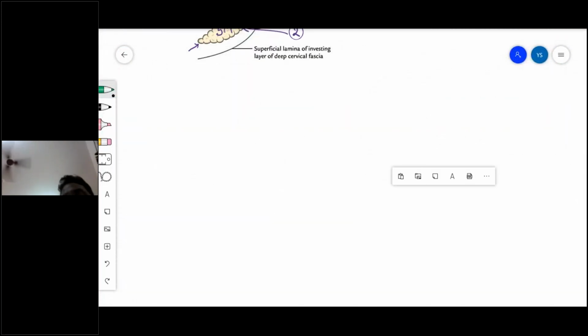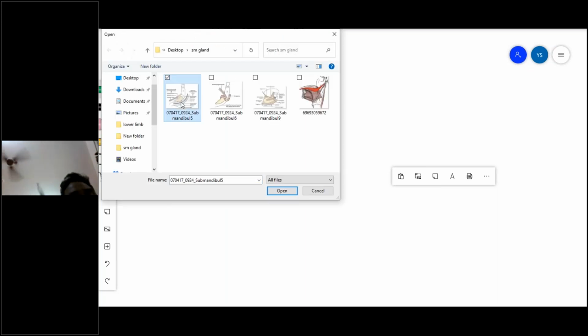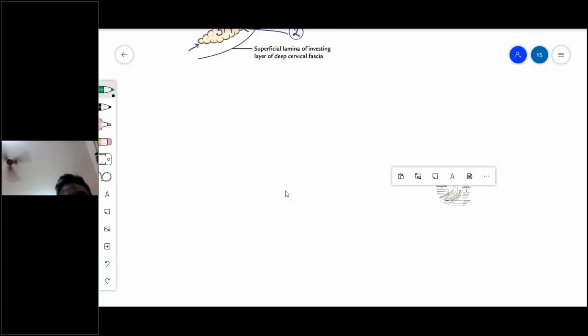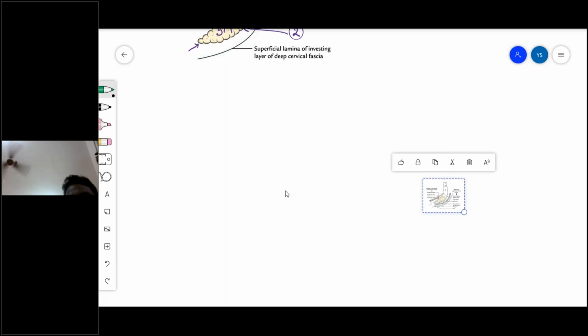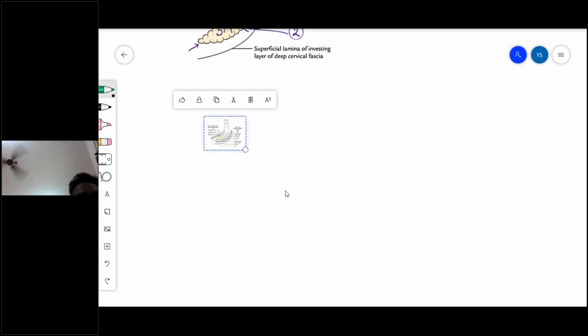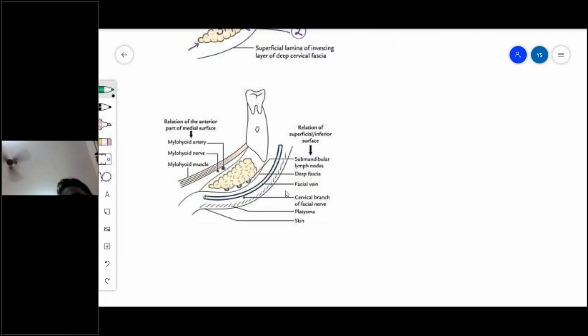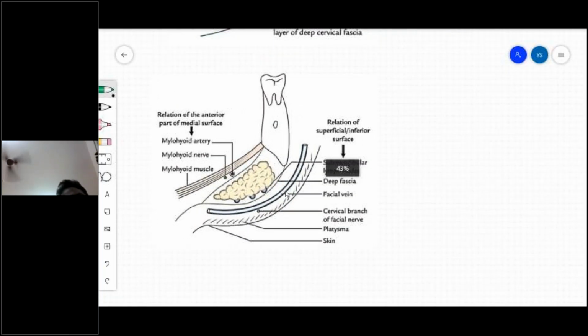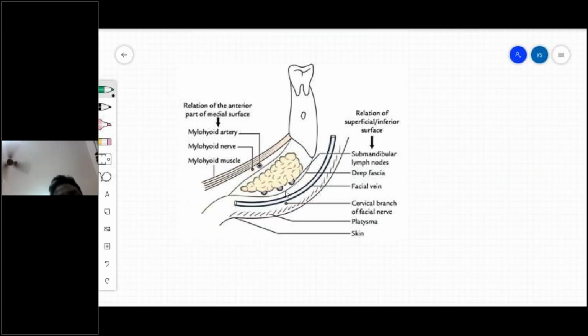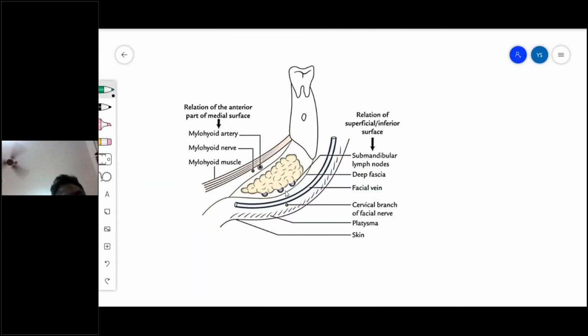So first we see the picture of the relations of inferior surface. So can you see this picture? Yes, sir.